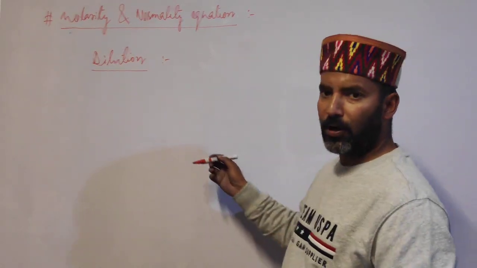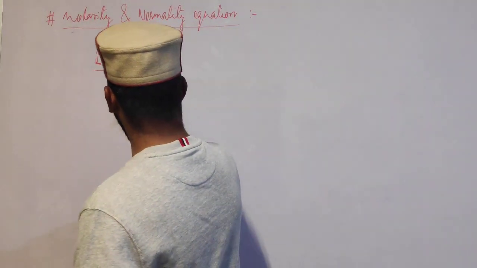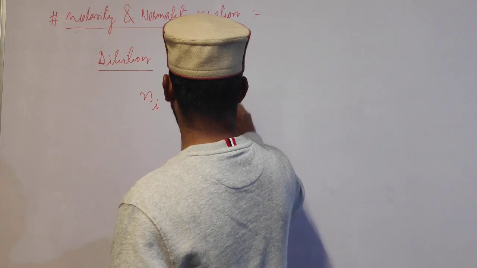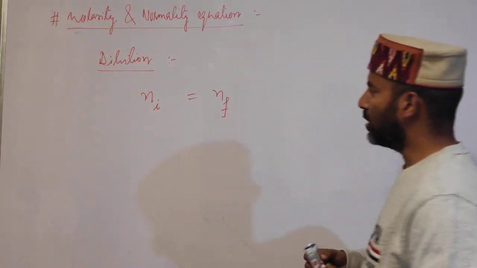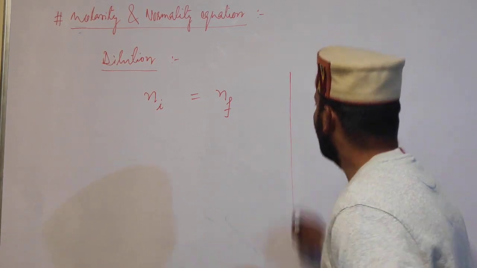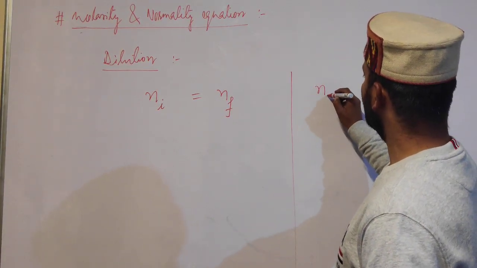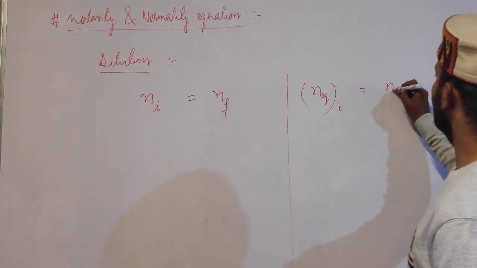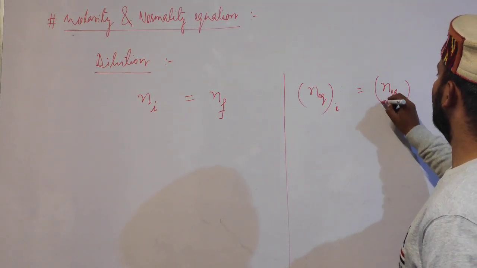So upon dilution we say number of moles initially and number of moles finally in the solution are equal. Now, or we say gram equivalents of solute initially, they are equal to the gram equivalents in the final solution.